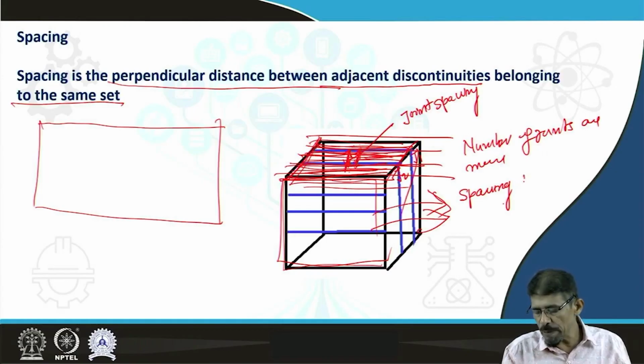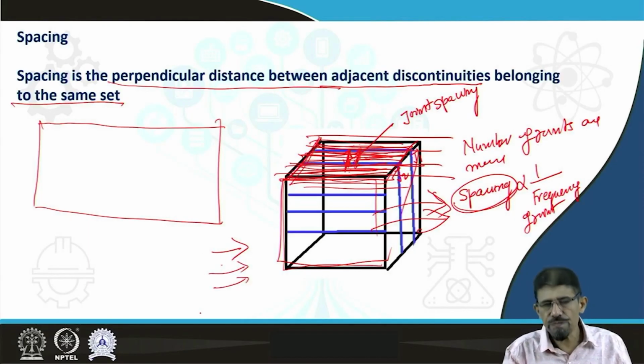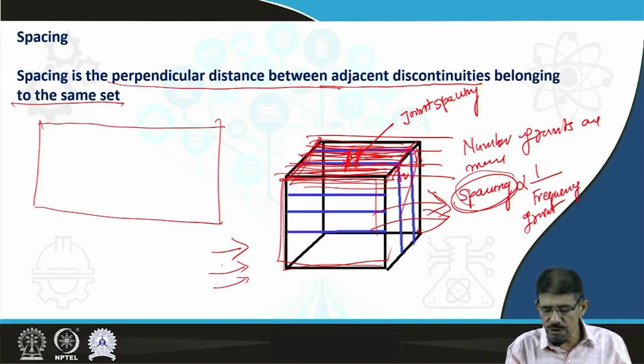It means spacing is inversely proportional to the frequency of joints. And if the spacing is less, then such type of strata is going to show less strength in comparison to the big block. Suppose we have this level of spacing.